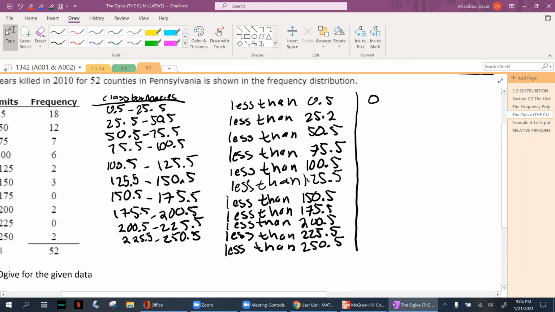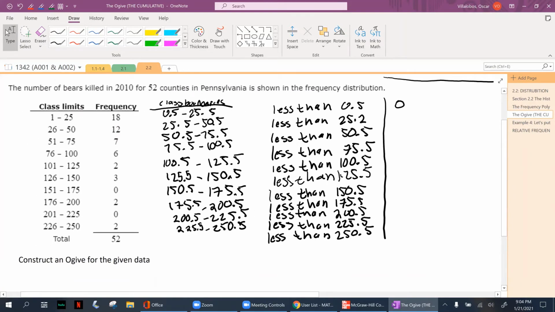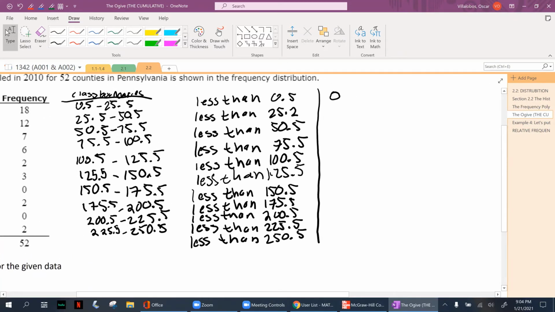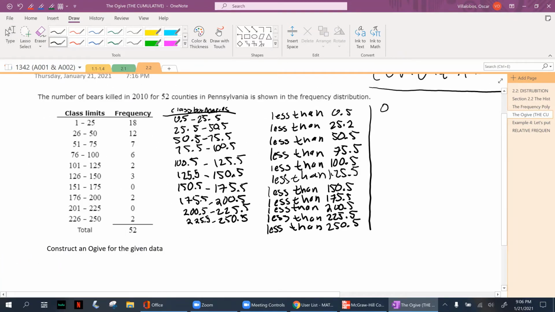Anything less than 0.5 is going to be 0. Why? Because in my class limits, everything between 1 and 25 was 18. So anything less than 0.5 would be none, 0. Anything less than 25.5 is going to be 18 plus the previous part, which is 0, so 18.